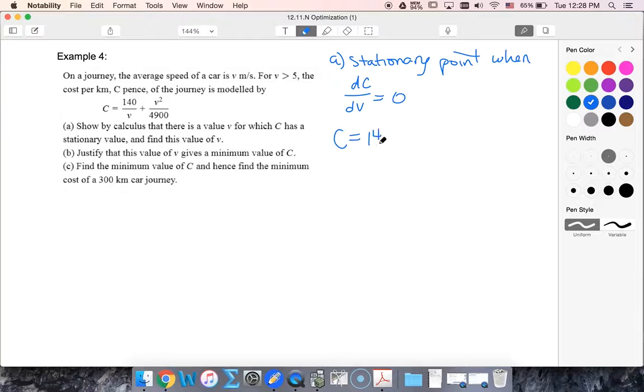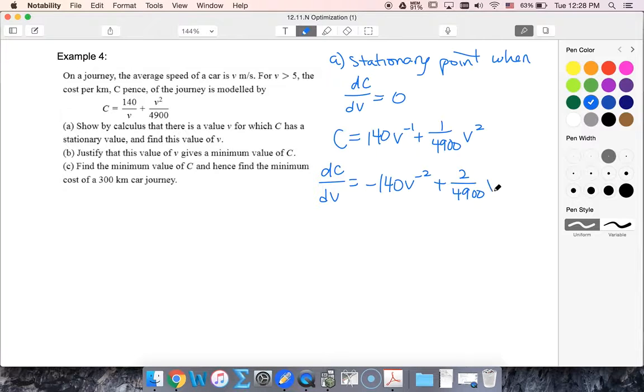First, C is 140 V to the negative 1 plus 1 over 4900 V squared. So when I take out my number in front, it's 1 over 4900. dC/dV is negative 140 V to the negative 2 plus 2 over 4900 V to the power 1.